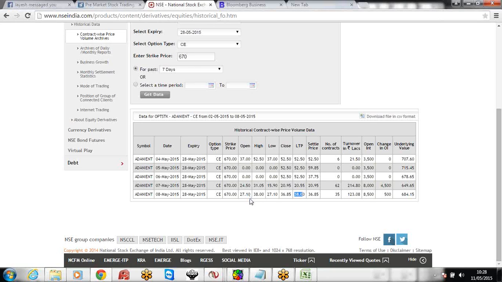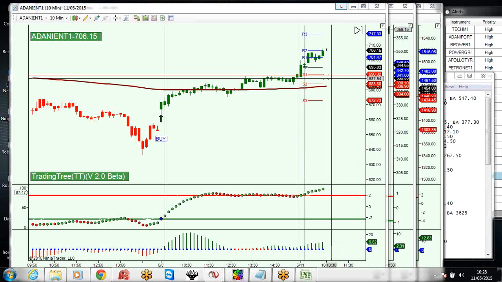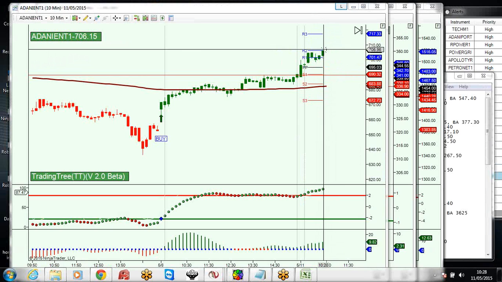So that will be a profit of around 5,000 rupees on an investment of 27 into 500. So 13,000 rupees is roughly what you have invested, and we have made a profit of 5,000 rupees on that particular day. That is on an intraday basis, but on a positional basis, it's much more now.